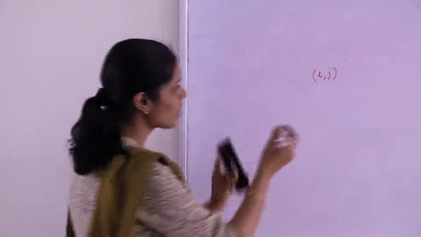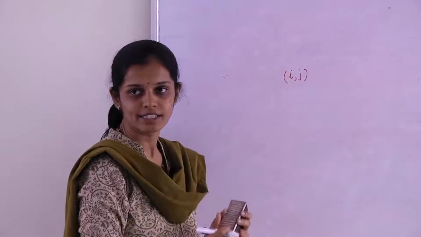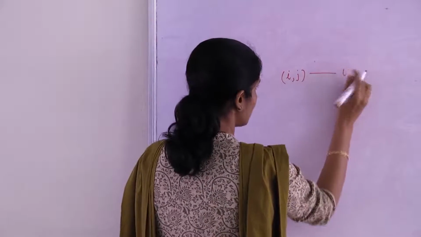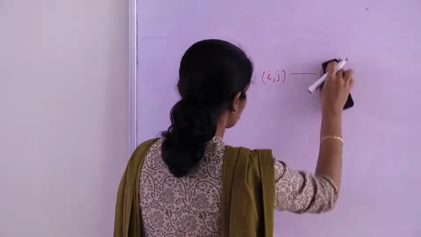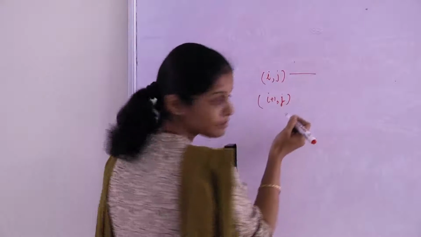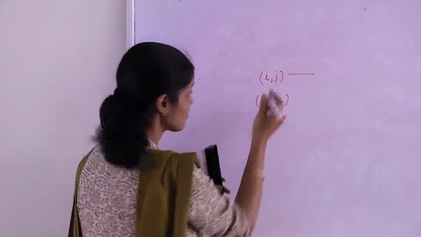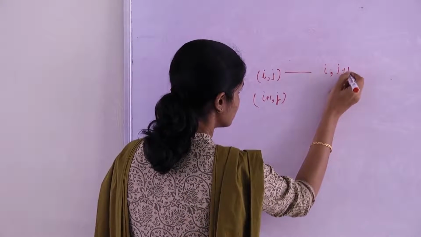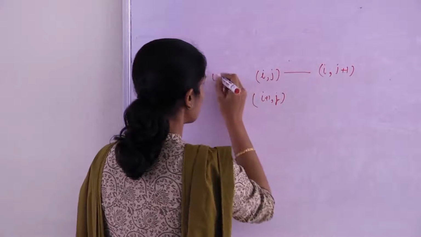So to what all will it have its adjacency? i plus 1, j. So you are incrementing the row number, so it is i plus 1, j. Then i, j plus 1. i minus 1, j.